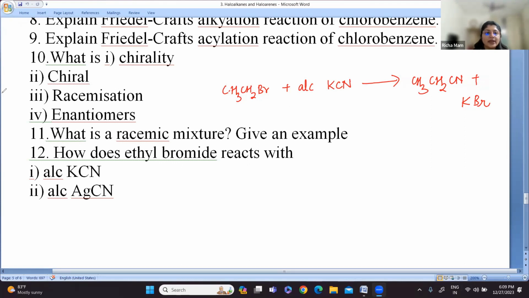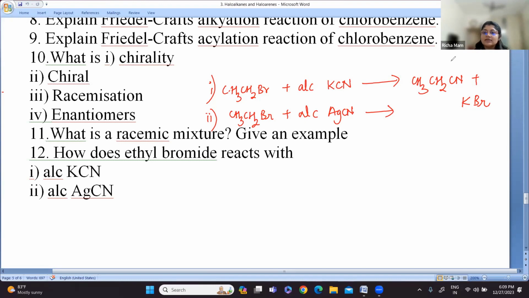When ethyl bromide reacts with alcoholic KCN, this is the product which is obtained. Secondly, when ethyl bromide, that is CH3CH2Br, reacts with alcoholic AgCN, what will be the product?